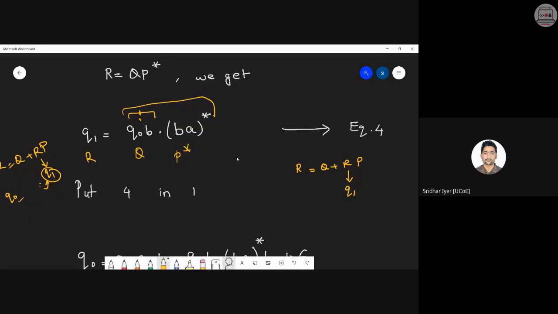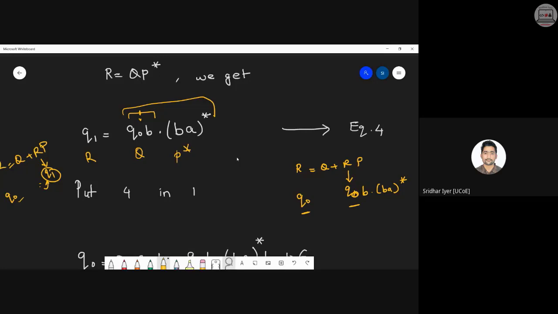Because I would like to convert that equation such that on this side you have Q0, so that if I replace this Q1 by this equation, it gets converted into Q0B dot BA closure, so that this term and this term become equal. This might get a little confusing, so a lot of practice is required. Kindly let me know if this is clear or not.